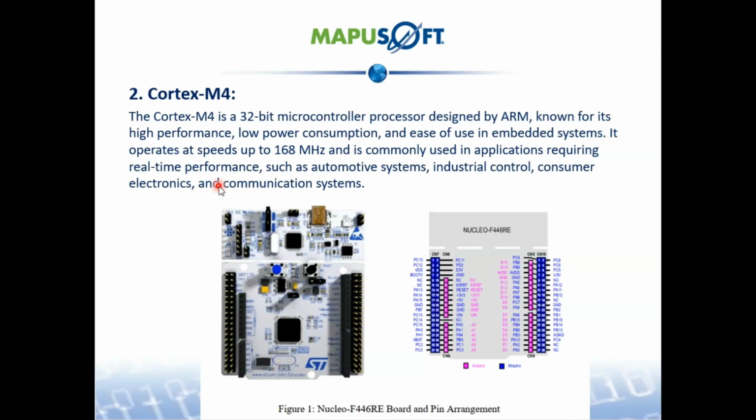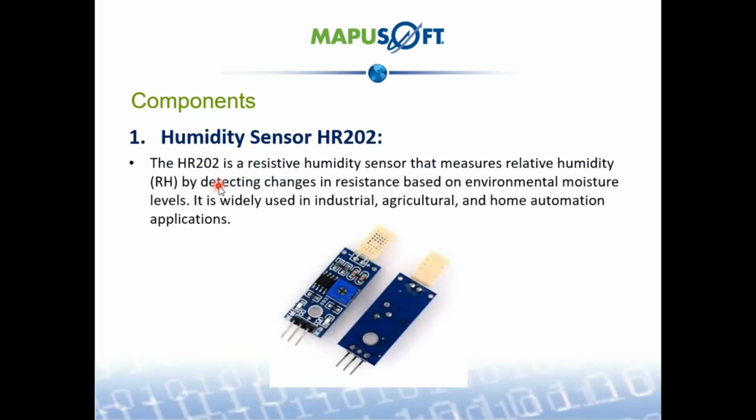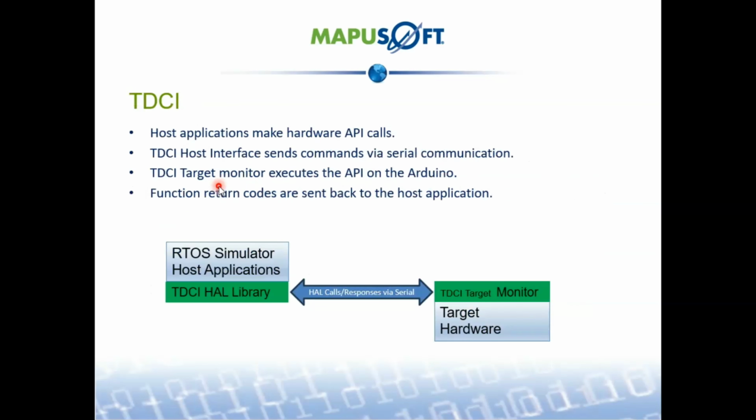This is the target board we are using here, and then an LED for indication purposes. In case the humidity level goes high, we can give an LED indication to the people. And then TDCA ensures seamless communication between the microcontroller and host system, allowing real-time monitoring and remote configuration. So let's see how TDCA integrates with the system.